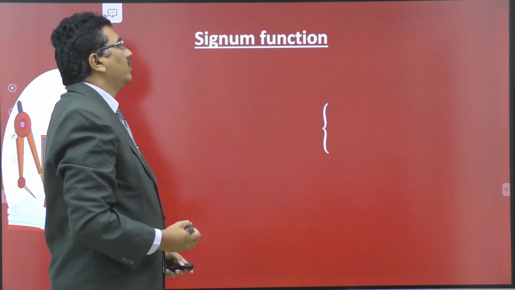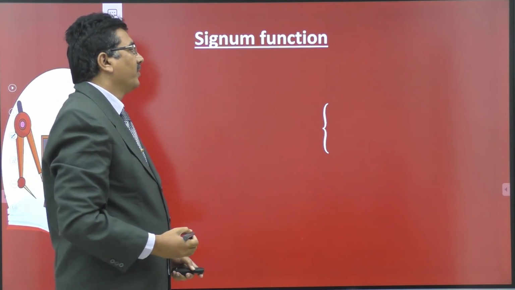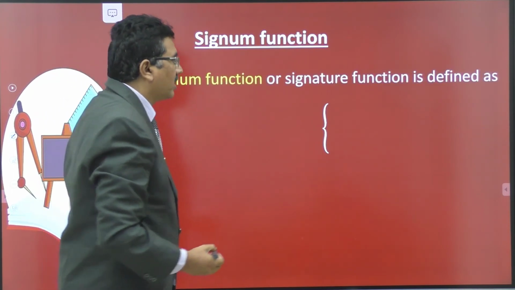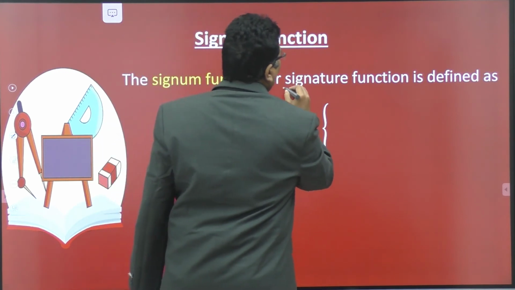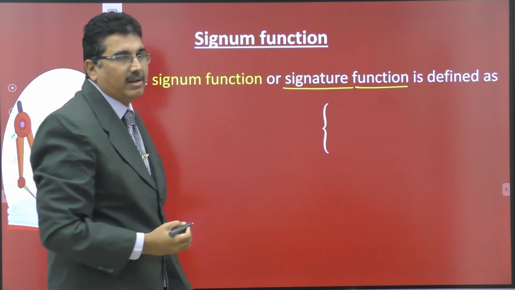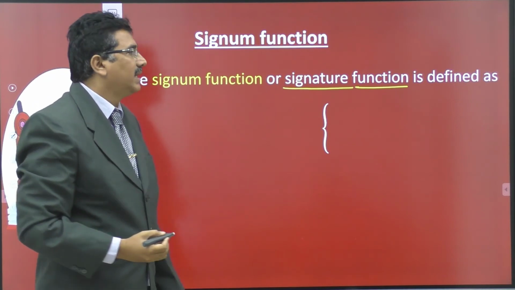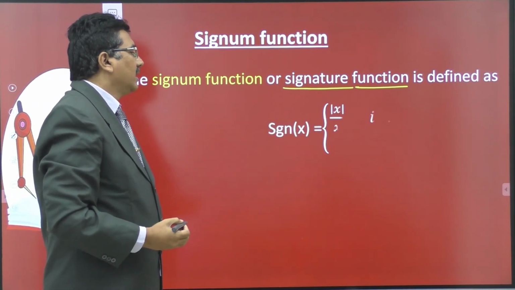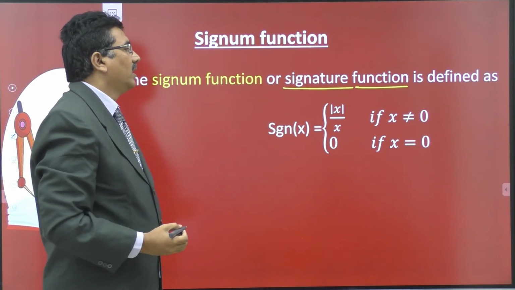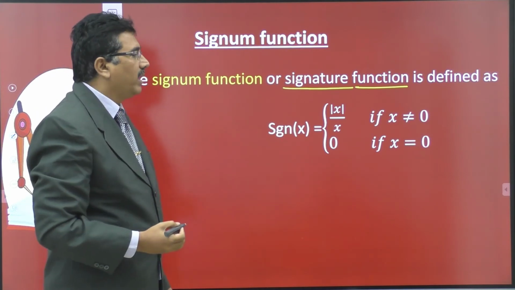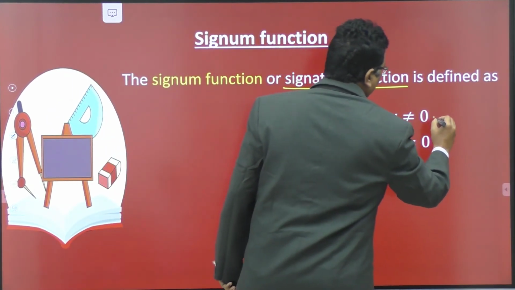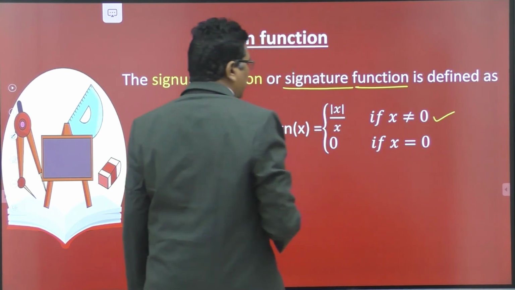Right. Now, the Signum function. The Signum function is also called the signature function. It is defined as signum of x that is equal to mod x by x if x not equal to 0.